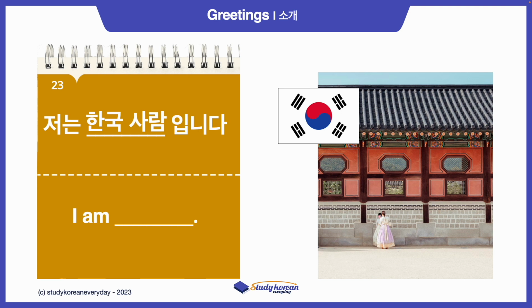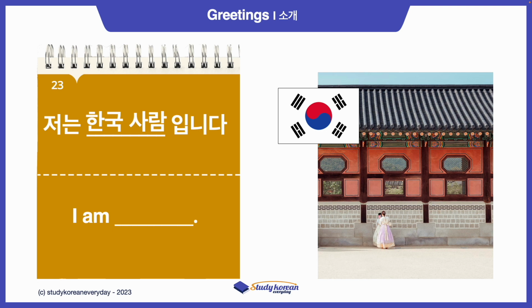한국, which means Korea, and 사람 means person. So in Korean language, we do not change as America, American, or Japan, or Japanese. We don't change ending like that. We just combine a name of a country and 사람, a person.